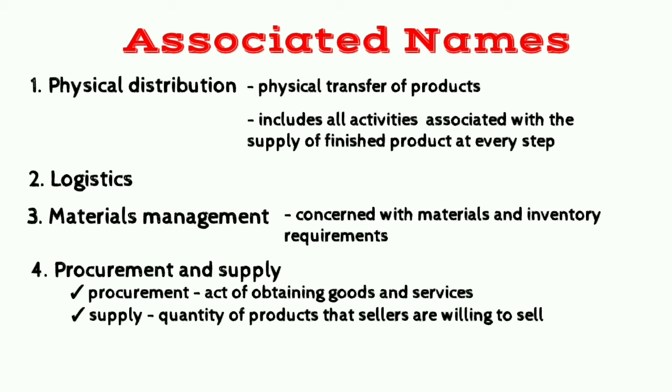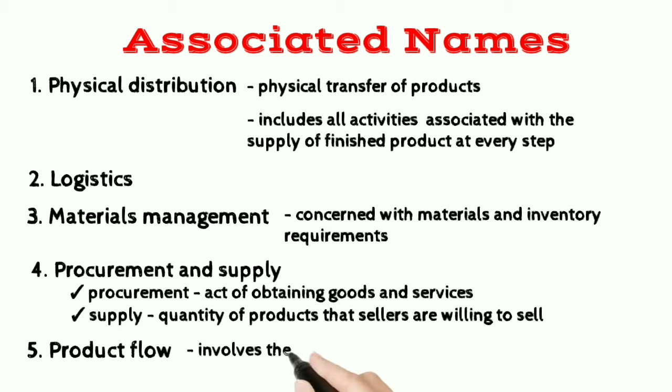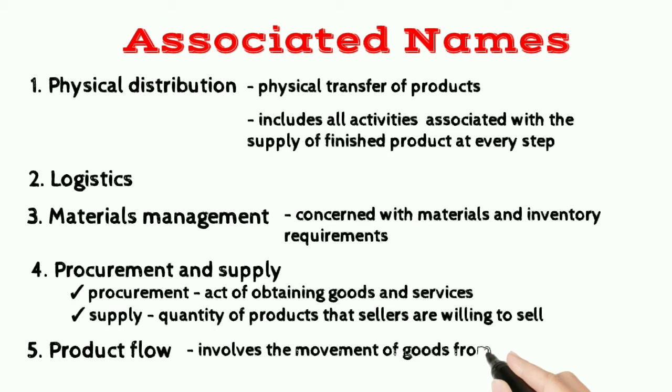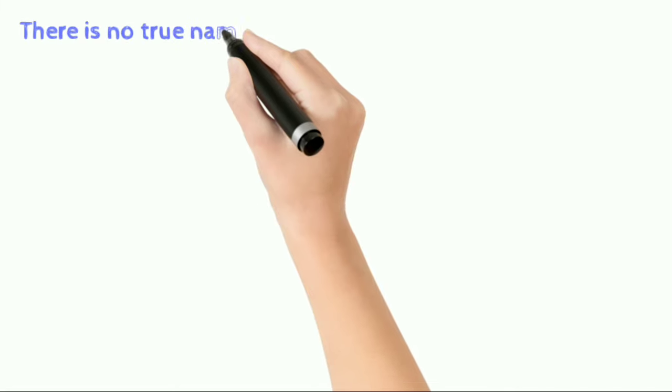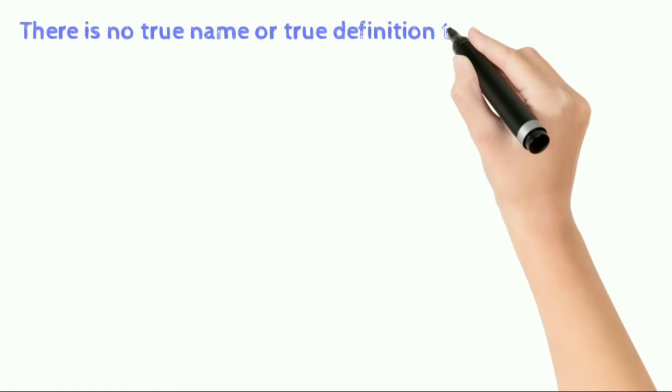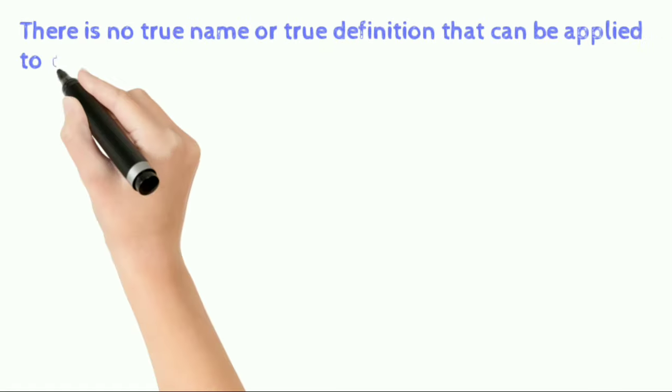Next is the product flow. Pag sinabi natin product flow, this is the movement of goods from a supplier towards consumer. Realistically, there is no true name or true definition that can be applied to these different names.